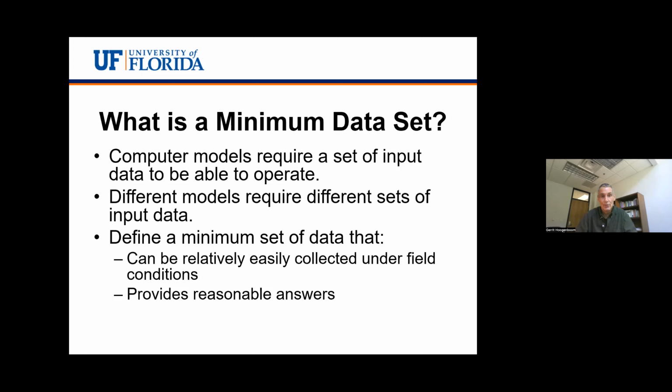But at the same time, it is a data set that can be relatively easily collected by you as an experimental scientist. So it's very much a delicate balance with respect to how much data are required to run the simulation model and how easily it would be to obtain the data on the field conditions.